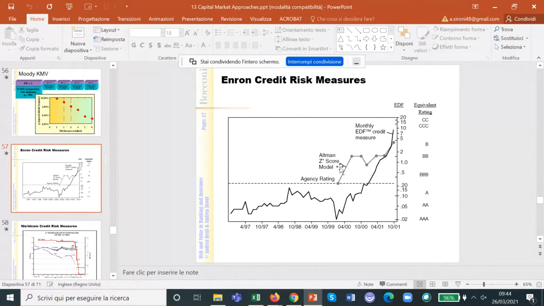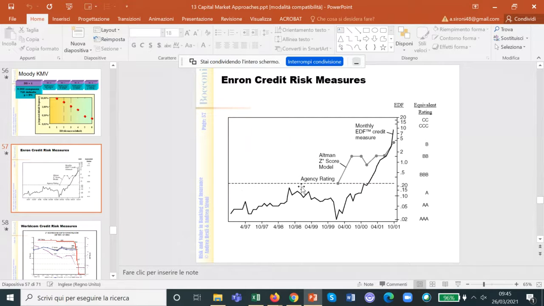So let's look at a few simple examples from the past. For example, a major default was Enron, an energy company in the US. If we look at different indicators, this dotted line in the middle shows the months before default. Default took place here, October 2001.